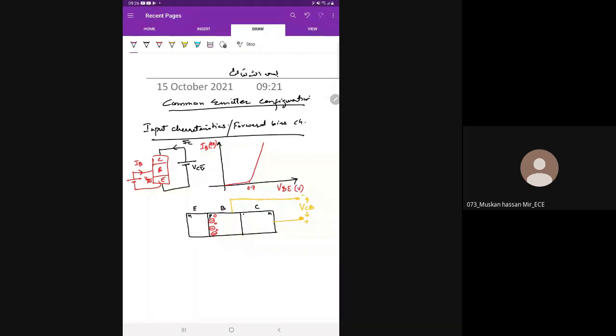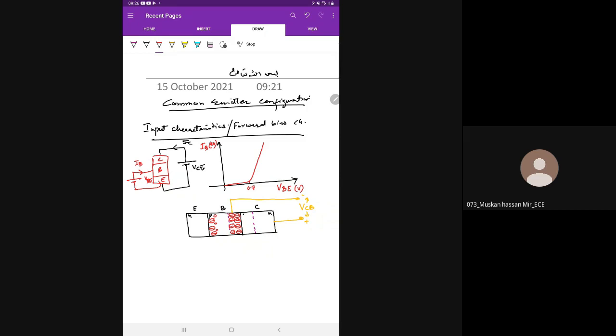But near the depletion region, there will be no holes present, only acceptor atoms. This is an acceptor atom, and here also.